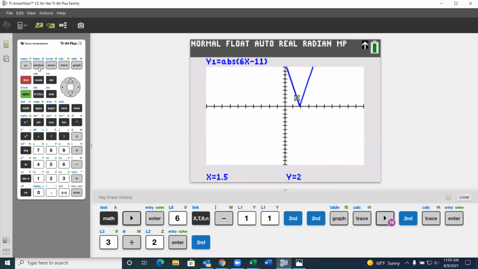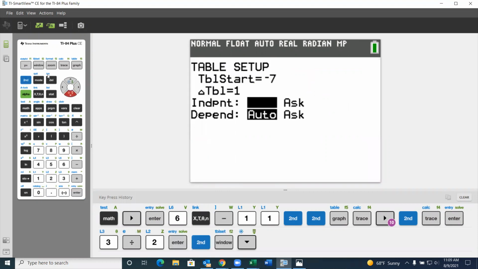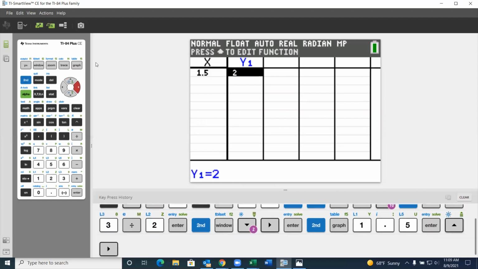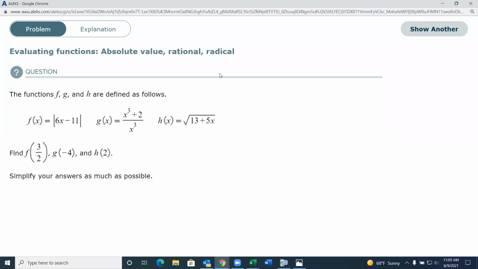Or I could go second window, go to ask, and then on the window say 1.5 or 3 divided by 2. And yeah, you get exactly 2. So yeah, when x is 3/2, y is 2. That's what that means. All right, let's go back to here.